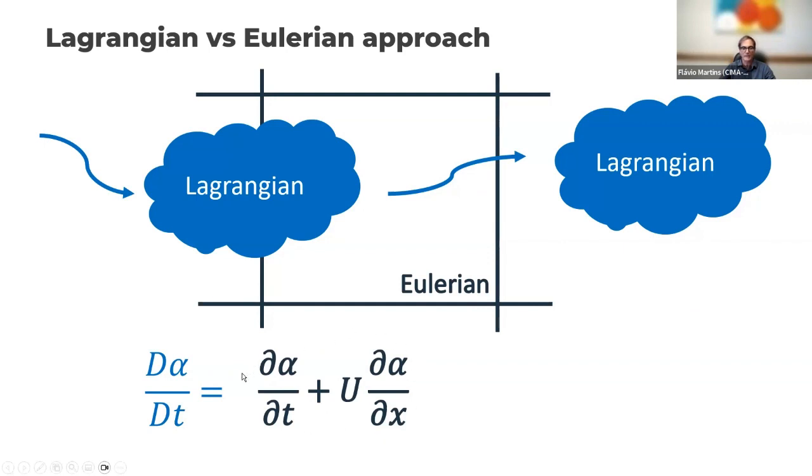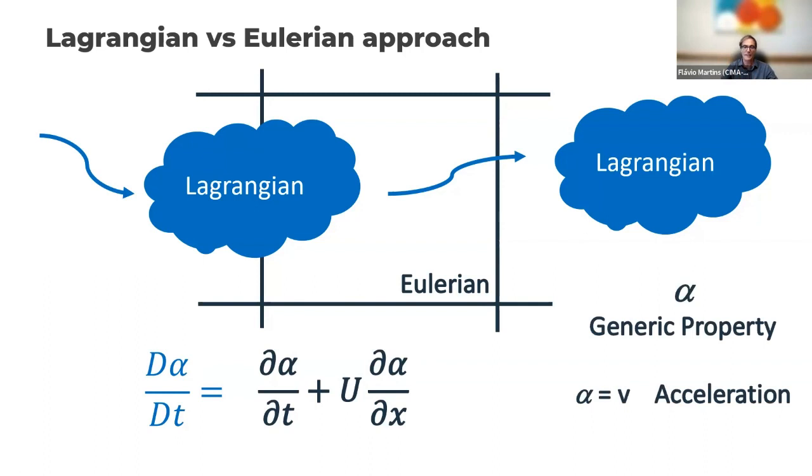For some applications, it's better to use this approach, and for other applications, it's better to use this approach. That's why we talk about the two approaches. I know at this point you may find it too conceptual, but this is the basis of all the models that we use.